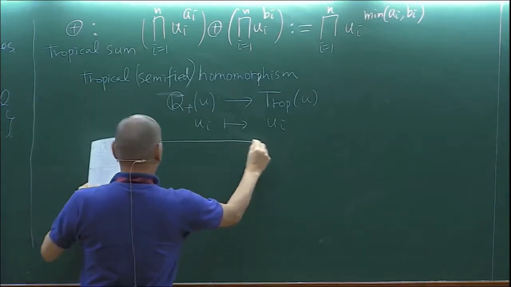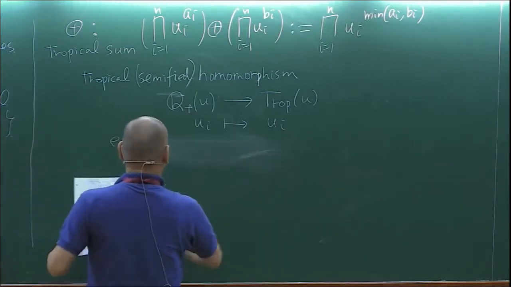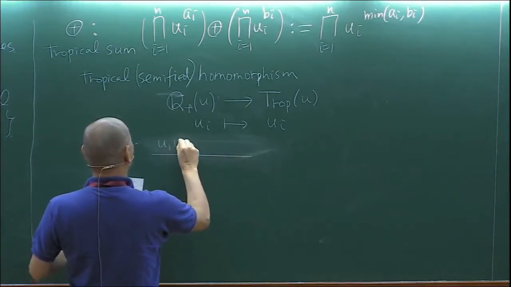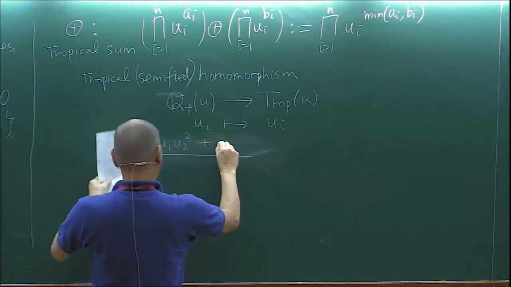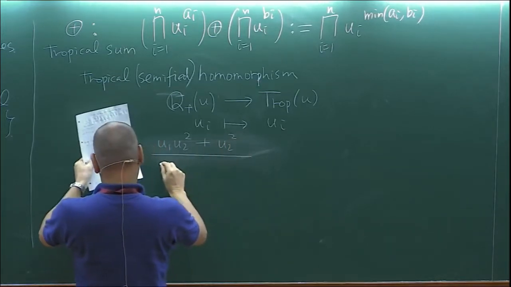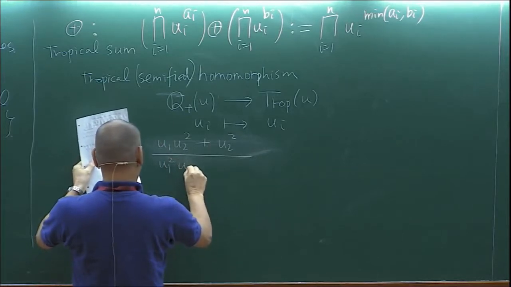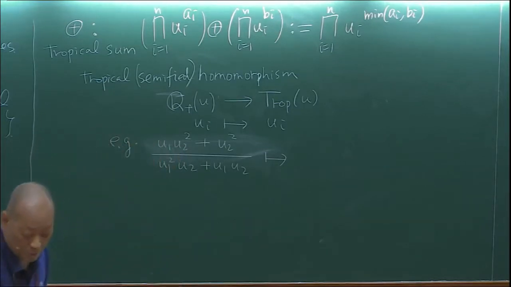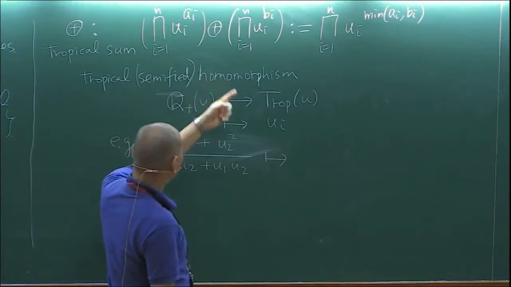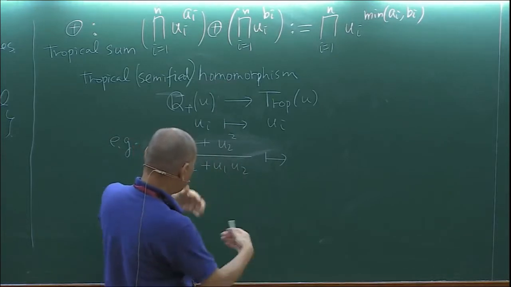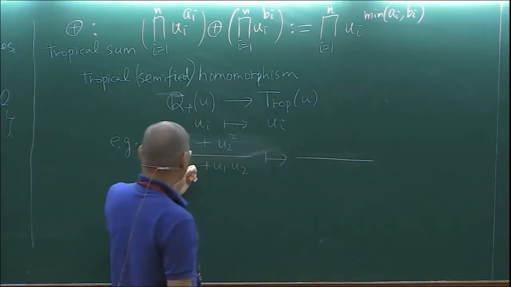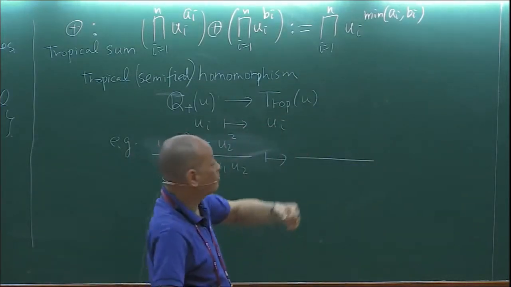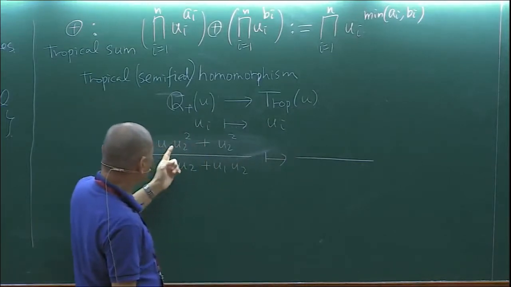So suppose you have such a rational function with a positive expression. Then what will be its image? It's just a homomorphism. So we just calculate each image, and this means it's just taking the common lower power of this one, and this one, U1.